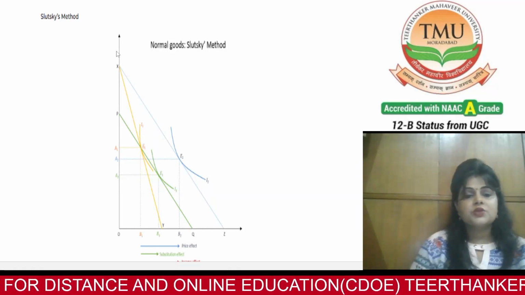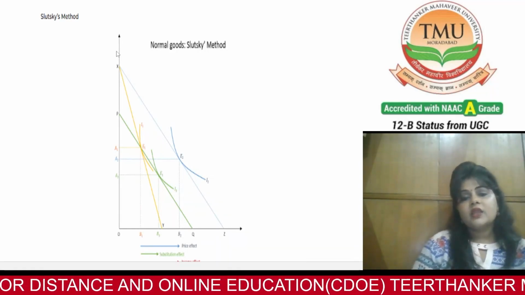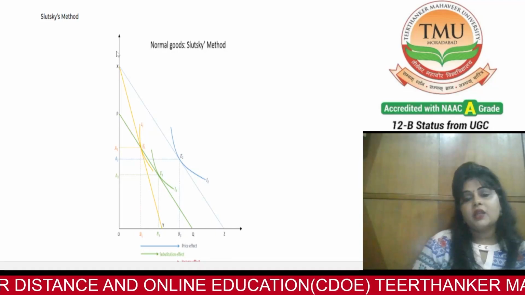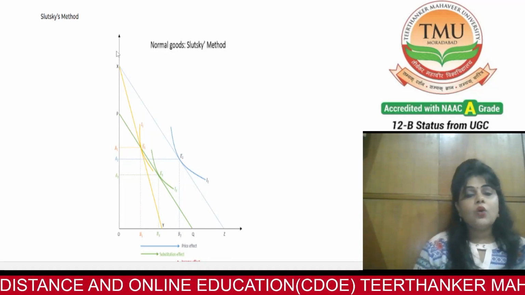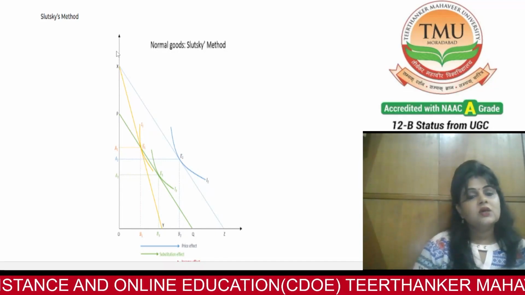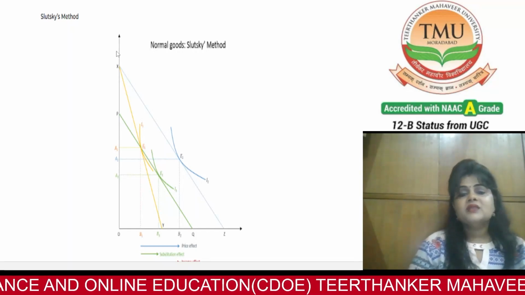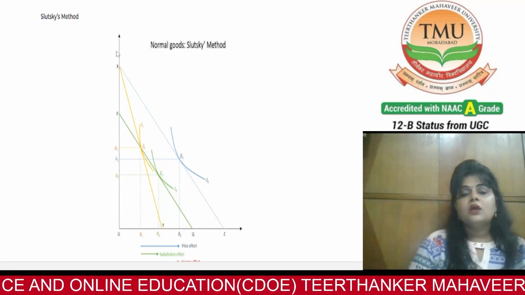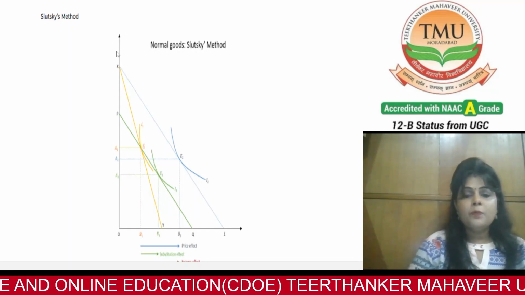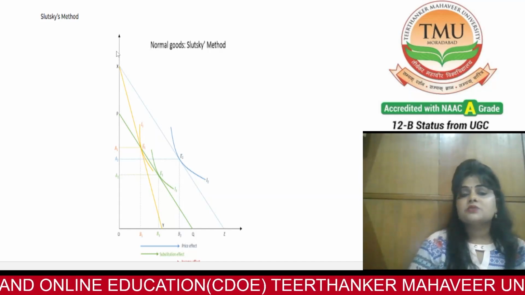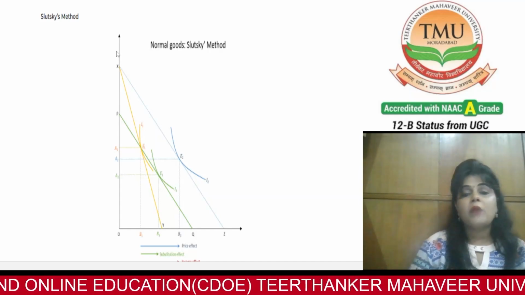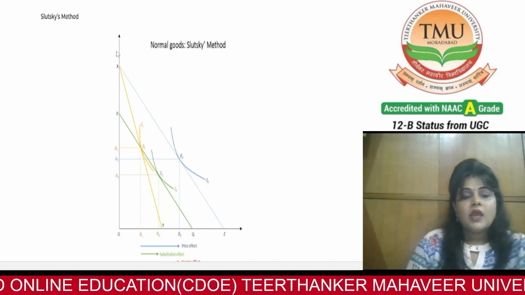Income and substitution effect cannot be observed directly because only the overall price effect is observable in the end. Price effect needs to be decomposed into income and substitution effect to study their magnitude and direction.